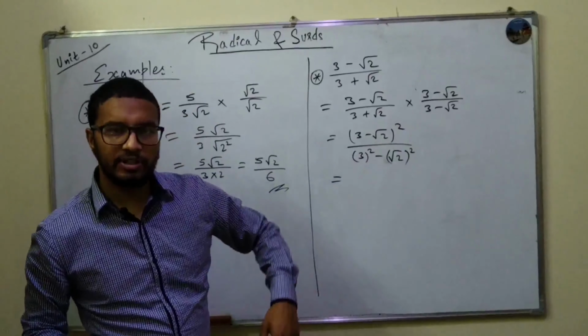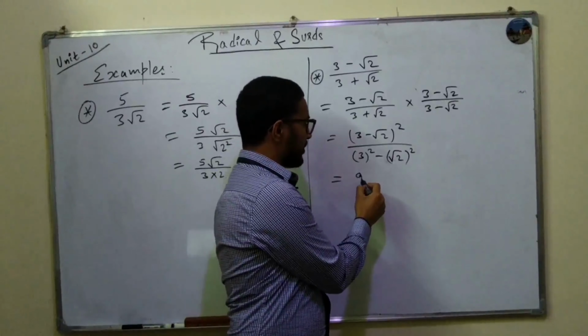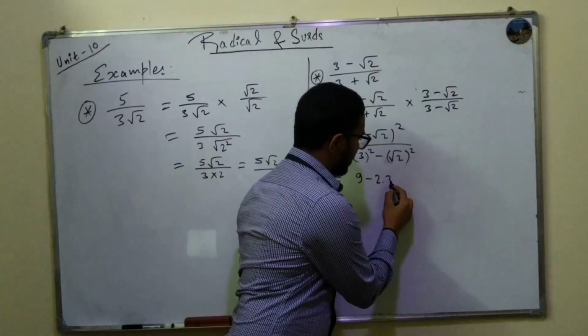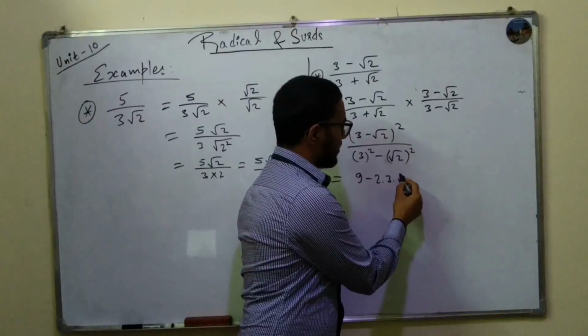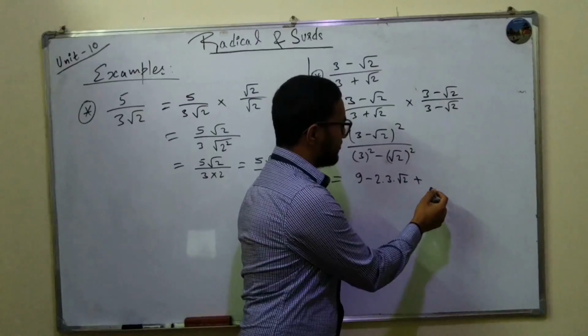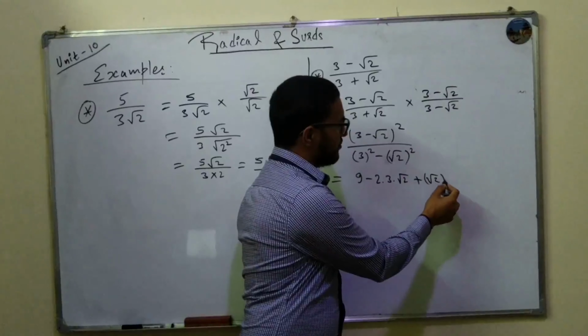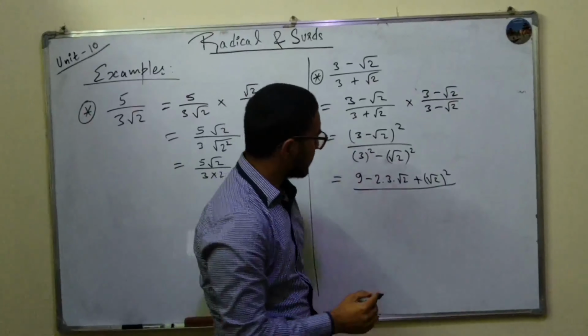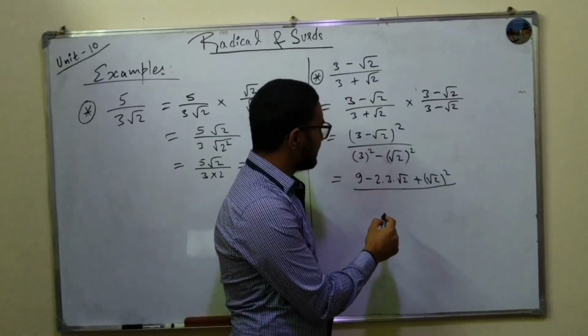So what's our formula for a minus b whole square? It's a square minus 2ab plus b square. So 2 is that, a is that, b is that, plus under root 2 whole square, right? And then what about this? What will be our formula?